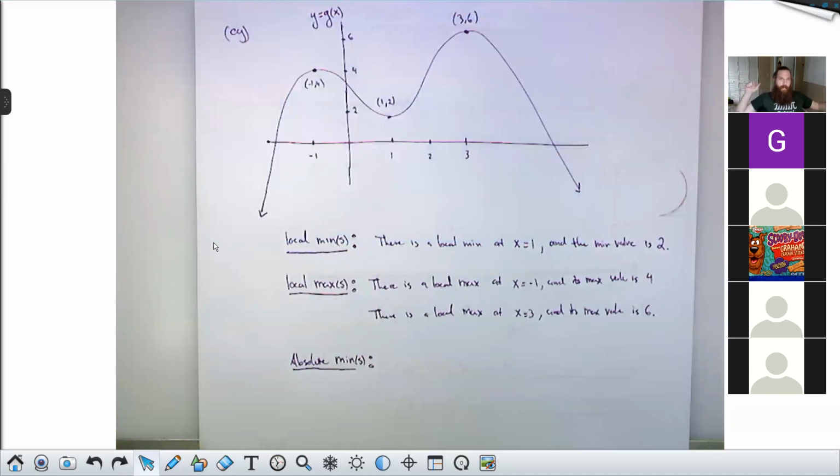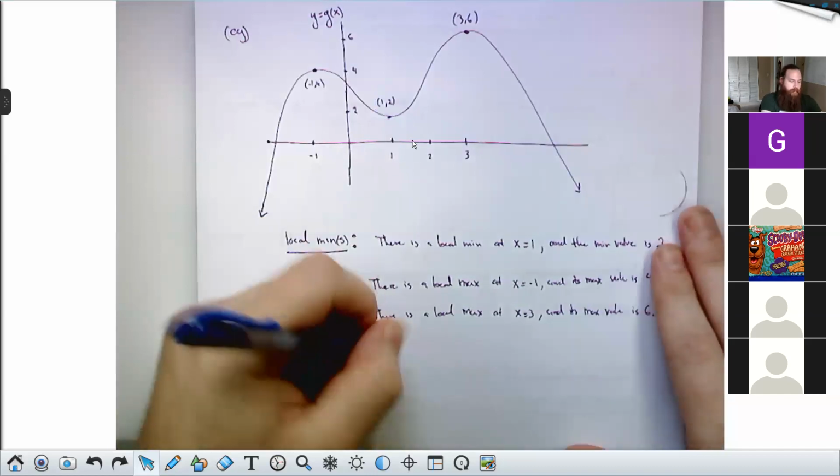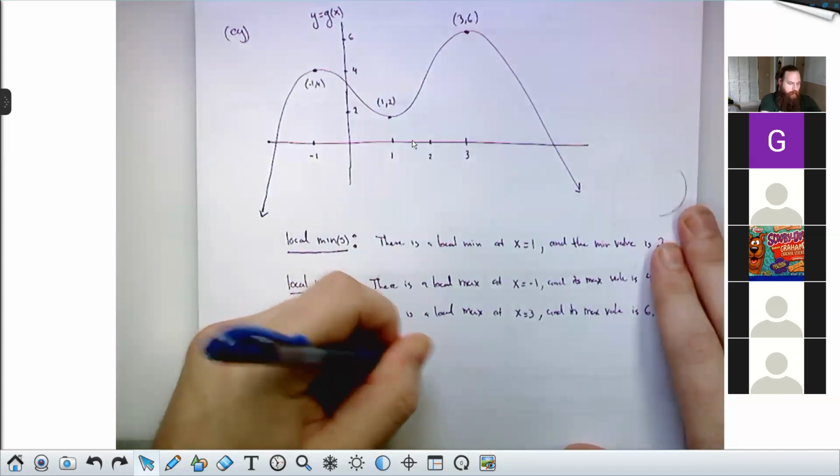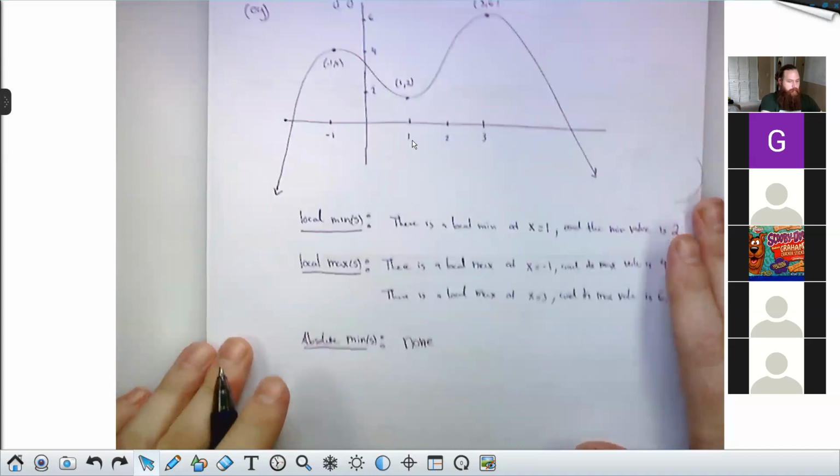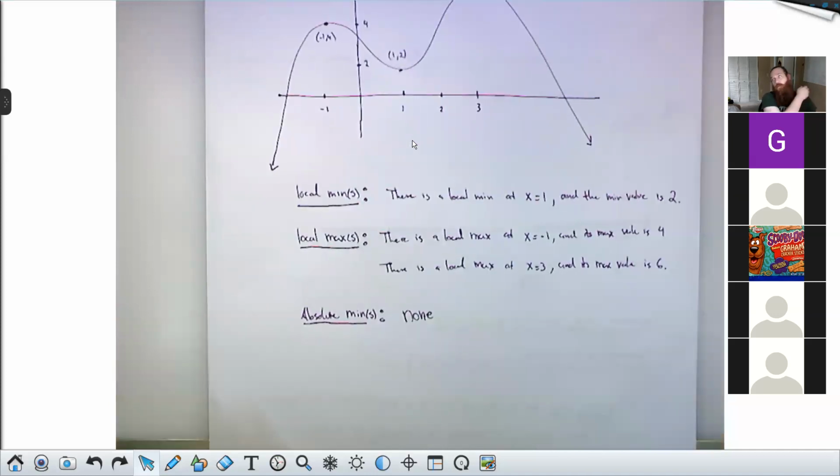Because it's a local min and there aren't any other local mins smaller than it. But is this the smallest y value anywhere on the graph? Nah, over here we're going all the way down, right? Even this point is lower than this point. So there are no absolute mins.